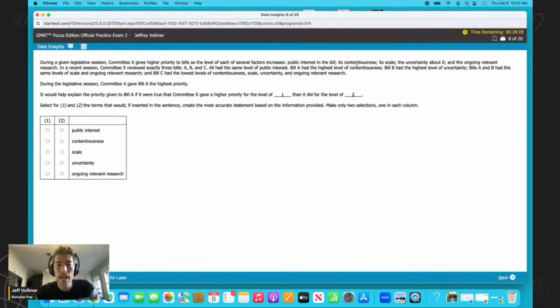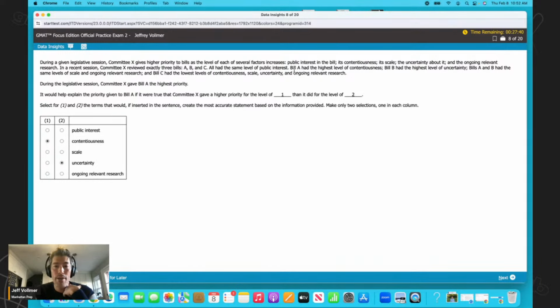All right, why does A get the highest priority even though it had the same level of scale and ongoing relevant research as B? Well, it has higher contention, but lower level of uncertainty. Okay, so what explains why A is higher than something else? If they give higher priority to the level of contentiousness than they do to uncertainty, that seems like it makes sense to me.